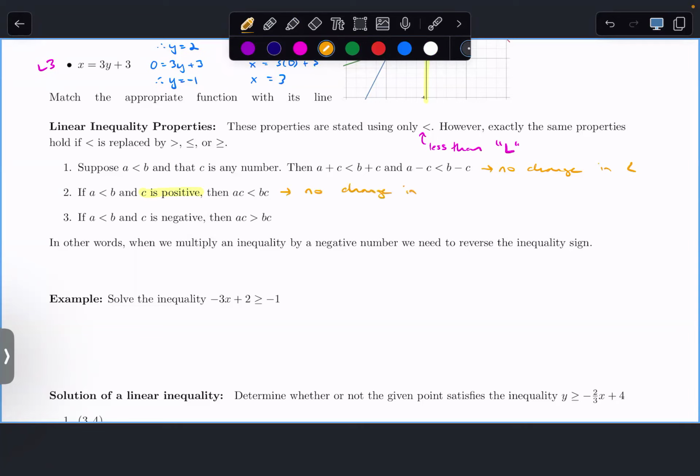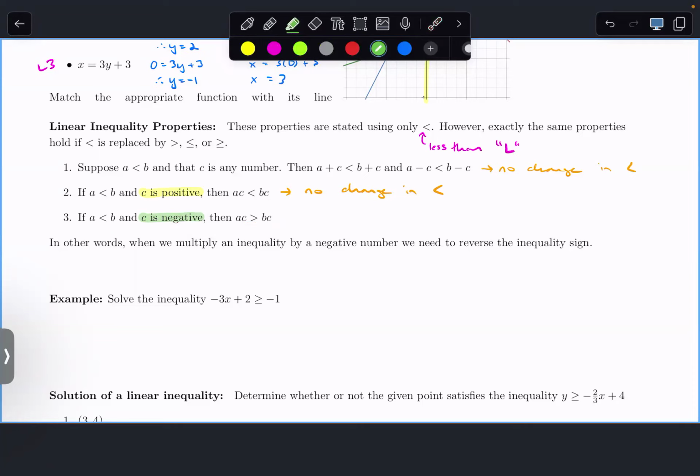However, if A is less than B and C is negative, whether it's a fraction, so division, or a whole number, then A times C becomes greater than B times C, okay?